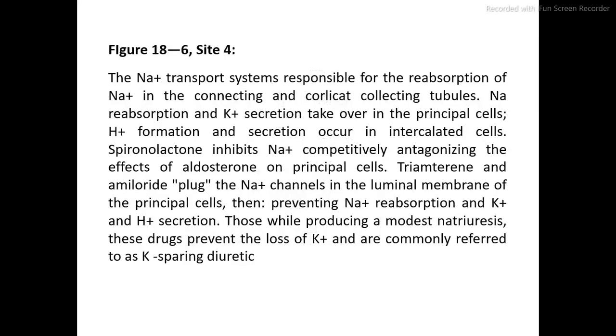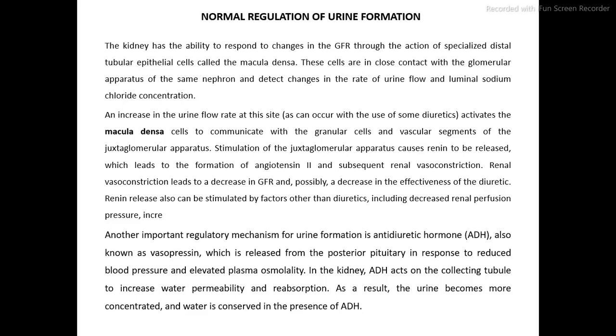Fine. Now we will come to the next part, that is the normal regulation of urine formation. How is urine formation regulated? Our body contains several mechanisms which regulate the volume and the content of the urine.